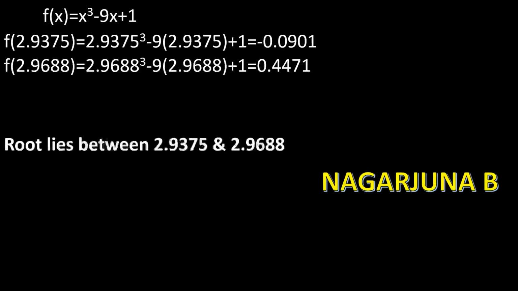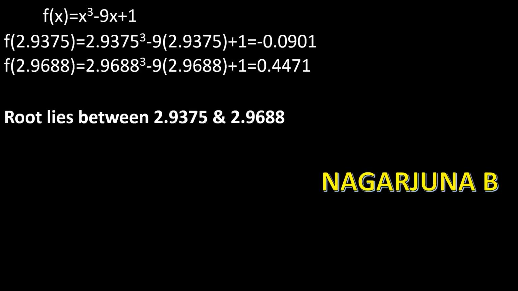The root lies between 2.9375 and 2.9688. Why? Because for 2.9375 you have a negative value, that is f of 2.9375 is minus 0.0901, and for 2.9688 you have got 0.4471, which is positive.